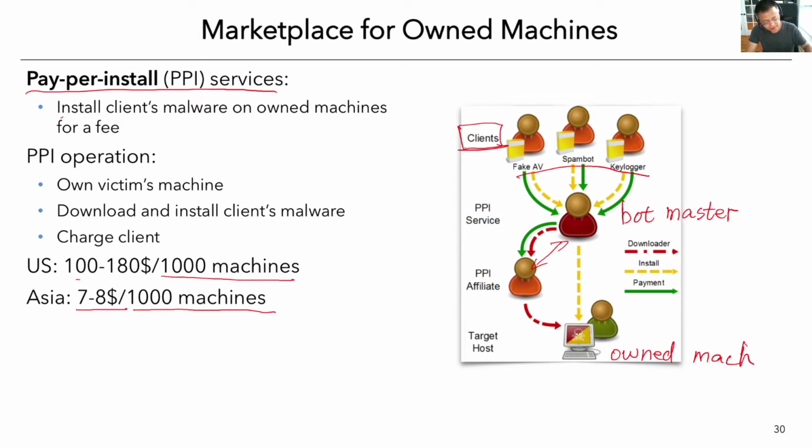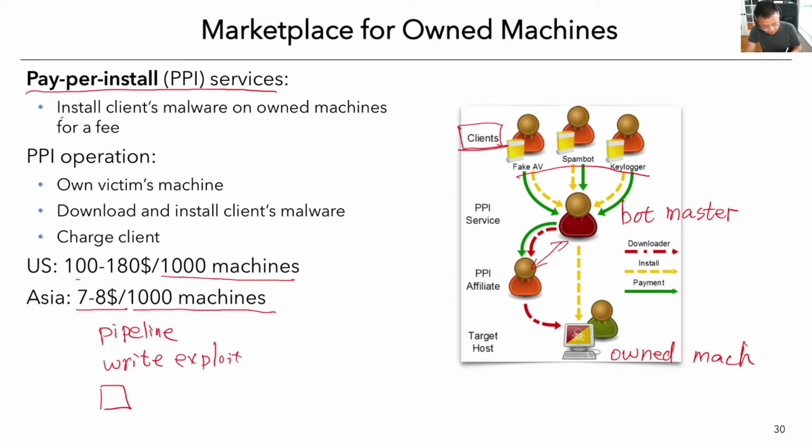Okay, so if you look at this, today's cybercrime is not a single person effort. It's more a team effort. Okay, it's like a pipeline. You have some people to write exploits.